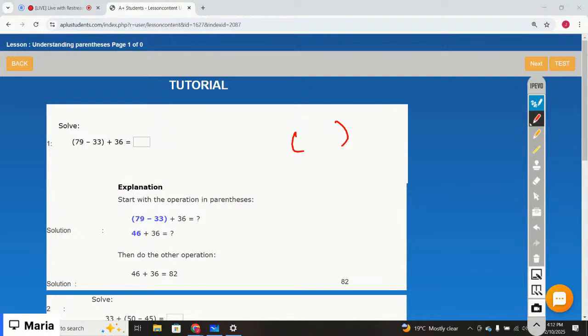So you have to perform the operation that is inside the parentheses first. So here that is the subtraction.